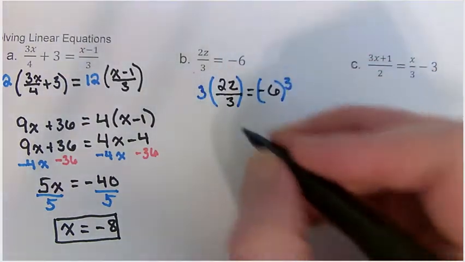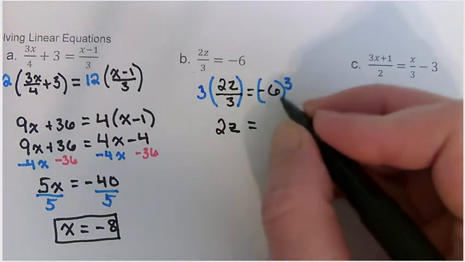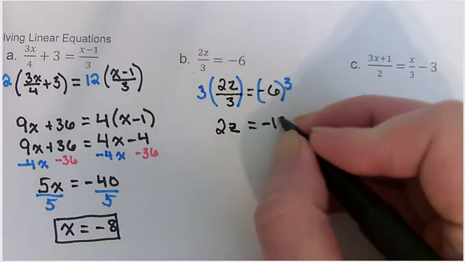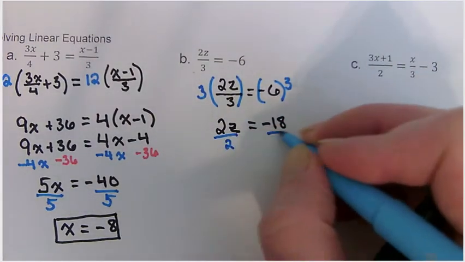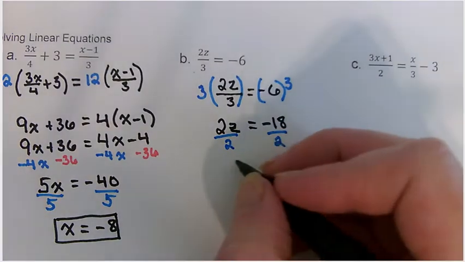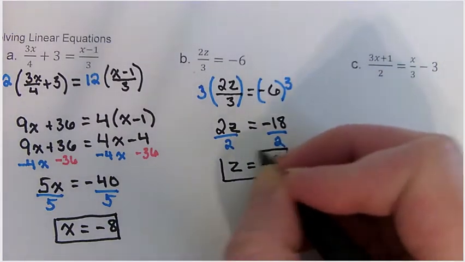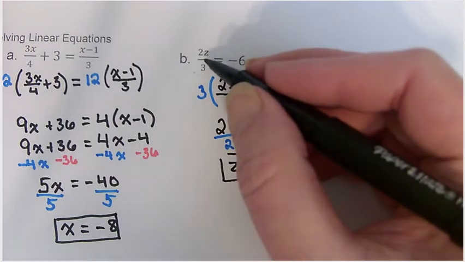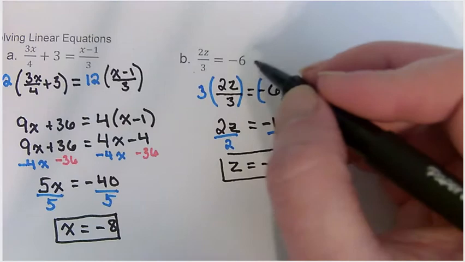The 3's would cancel, divide out. Negative 6 times 3 is negative 18. This was a lot easier. This should have been number 1. And we can double check real easy on this one. 2 times negative 9 is negative 18 divided by 3.